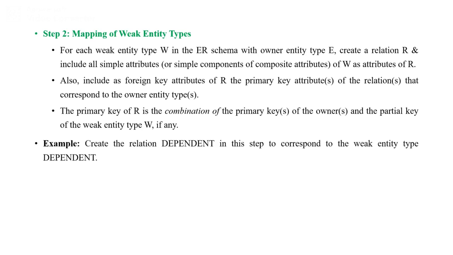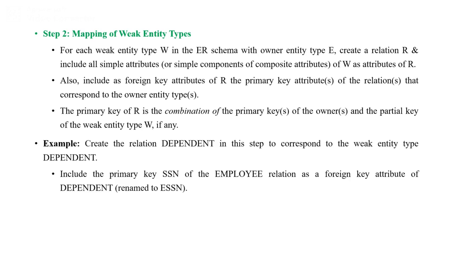For example, from the company database, we create the relation DEPENDENT in this step to correspond to the weak entity type DEPENDENT. Dependent is an entity type which we call a weak entity type, because it does not have a key attribute.